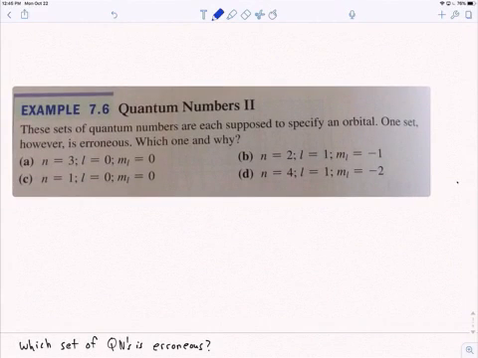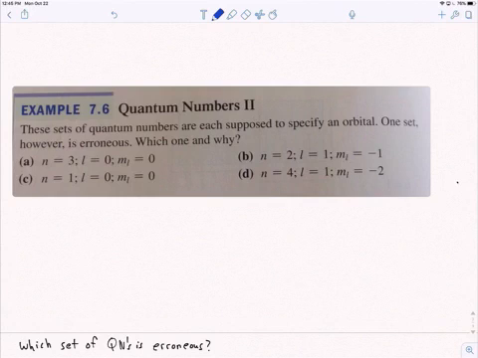So one of these is erroneous. Which one and why? These sets of quantum numbers specify an orbital. One set is not possible. Which one and why? So if n equals 3, L can be 0, 1, or 2.